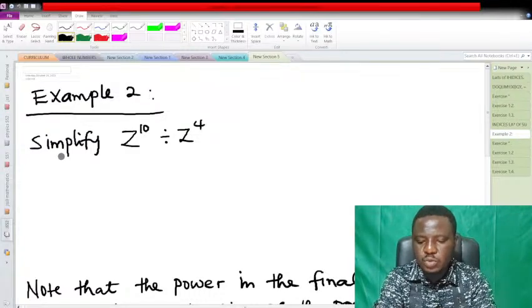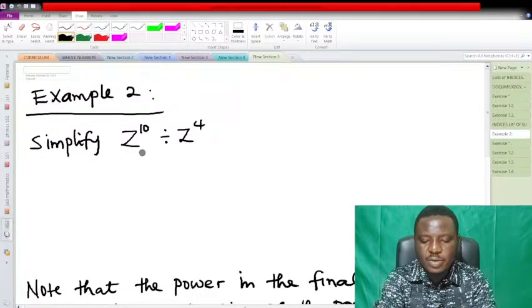Example 2 says we should simplify z raised to the power of 10 divided by z raised to the power of 4.